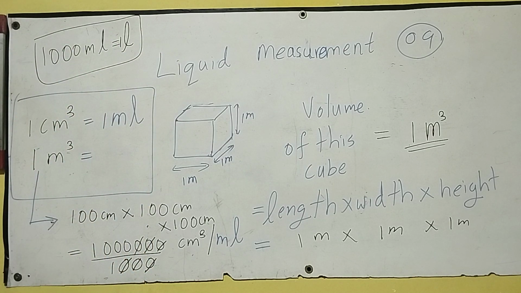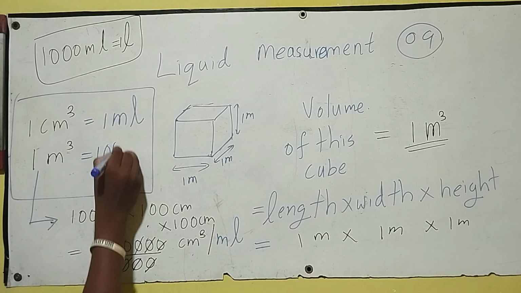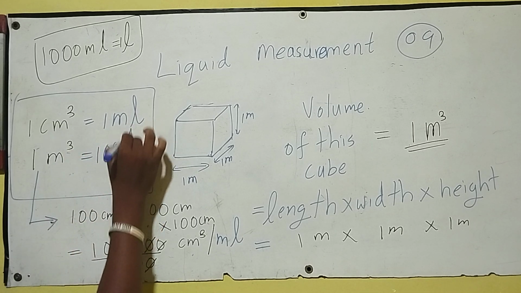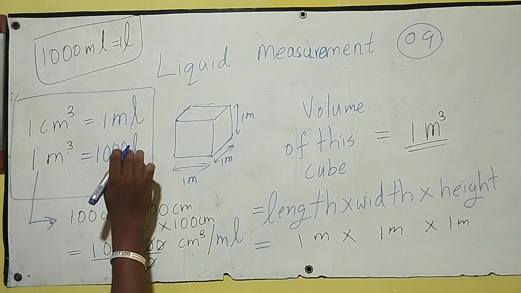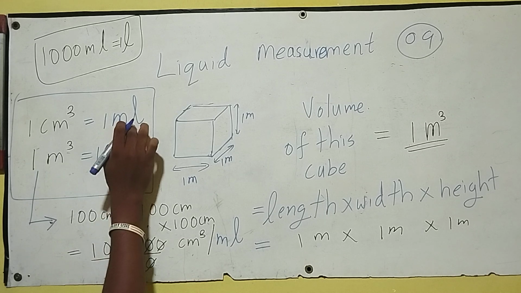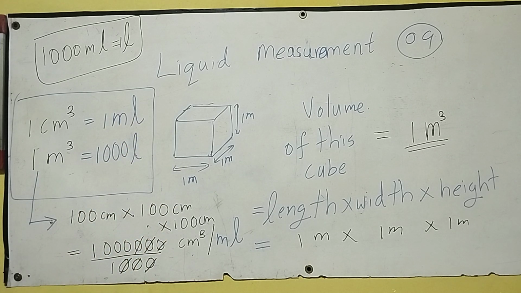Okay. Now we can find that 1000 liter is equal to the 1 cubic meter value. Okay, have you understood?